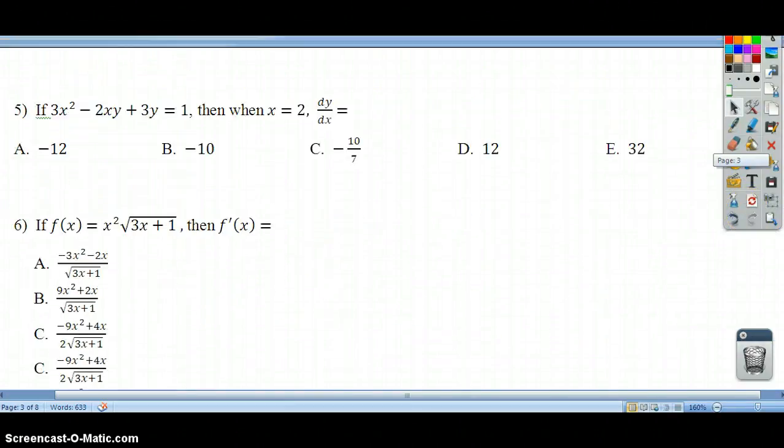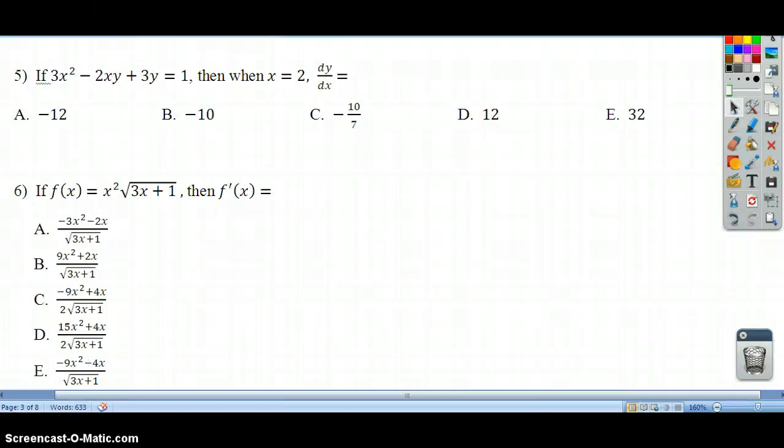On to number 5. Ooh, some implicit. All right. So we have 3x squared minus 2xy plus 3y equals 1. Then when x equals 2, dy/dx equals. All right. So let's find this. So first of all, we have to evaluate our derivative.